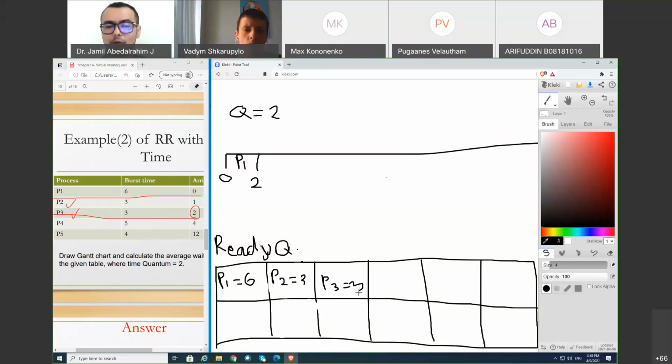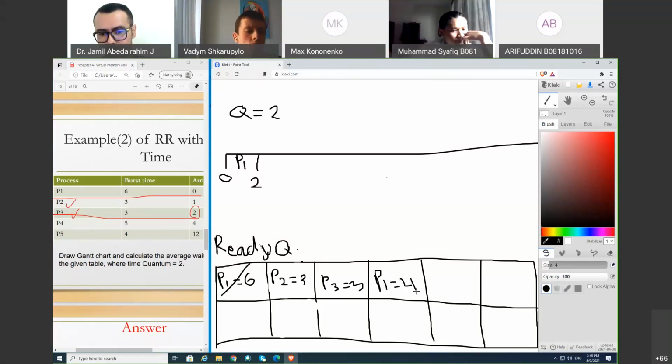After we write down the new processes, we check the current process. Is there any remainder? Yes, P1 equals 4. This is the first important step: we execute the current process, then we check the new unit.